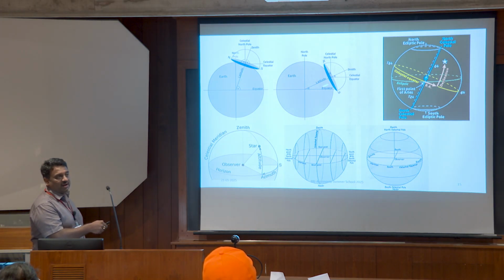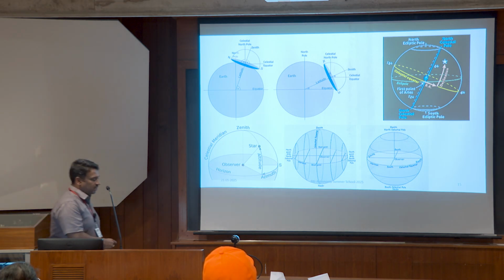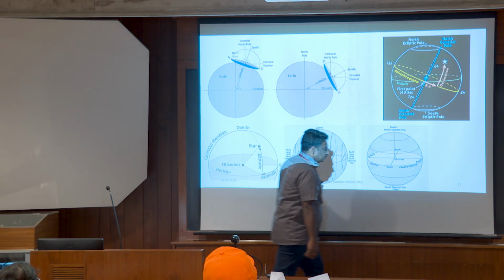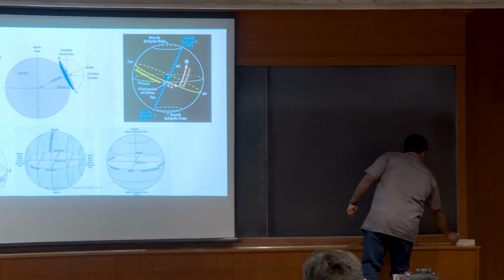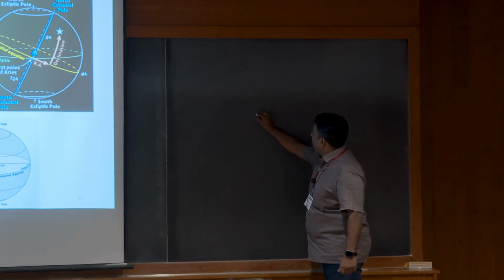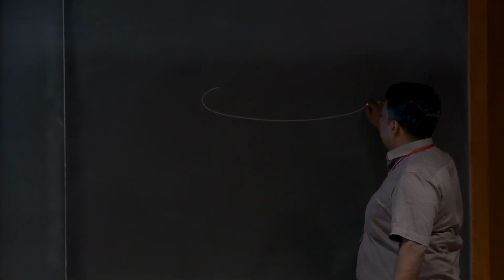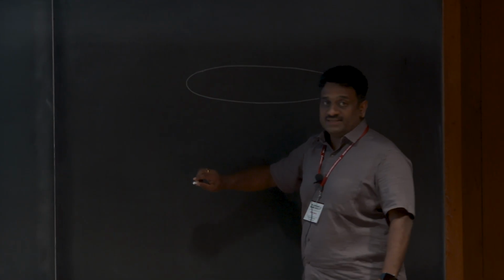You will be along the radial, and this will be the celestial horizon basically. I hope you can see here. So define this as your horizon.